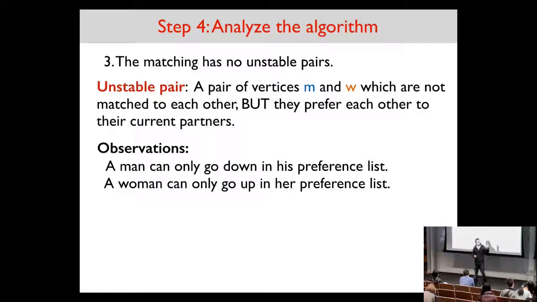He starts with the first woman in his preference list, and as he's proposing, he goes down in his preference list. On the other hand, women only go up in their preference list, right? They accept someone's offer, and then they will dump that person for a better person, but they will never go down. They will never accept a proposal that is worse.